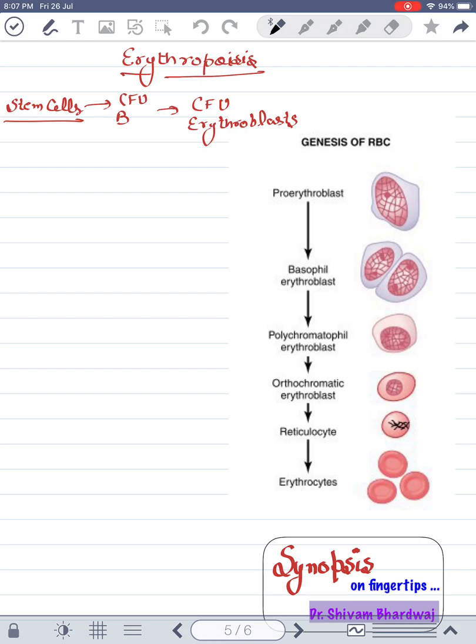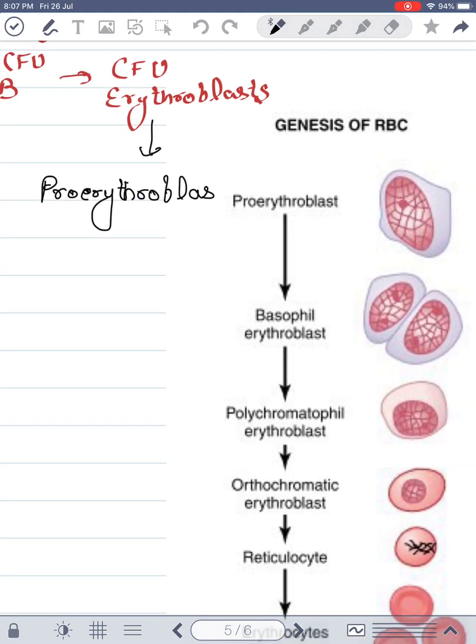Now these erythroblasts give rise to proerythroblast, and these proerythroblasts are the first cells in which hemoglobin appears.